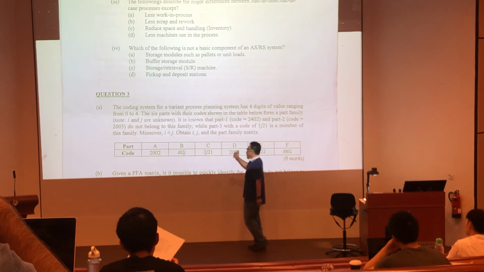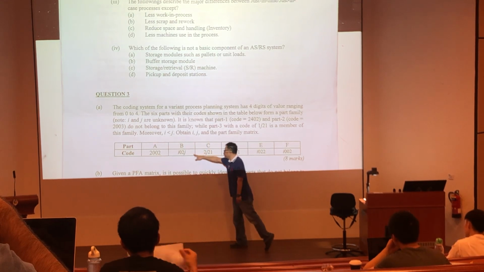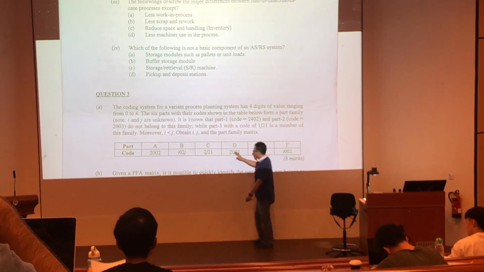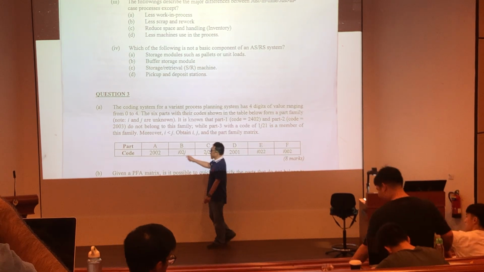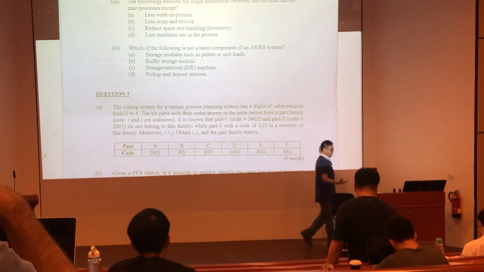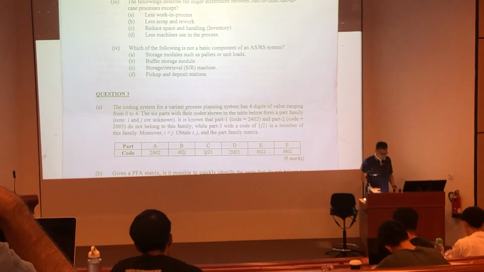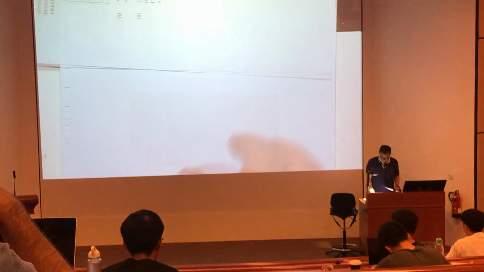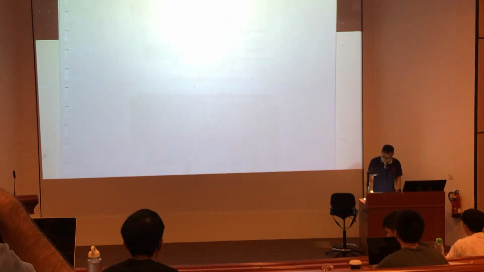So 3 must not appear in the last digit. 3, none of them here, but we have J, so J not equals to 3, right? So J not equals to 4, J not equals to 3, and that's the result. So J must be 2, right?